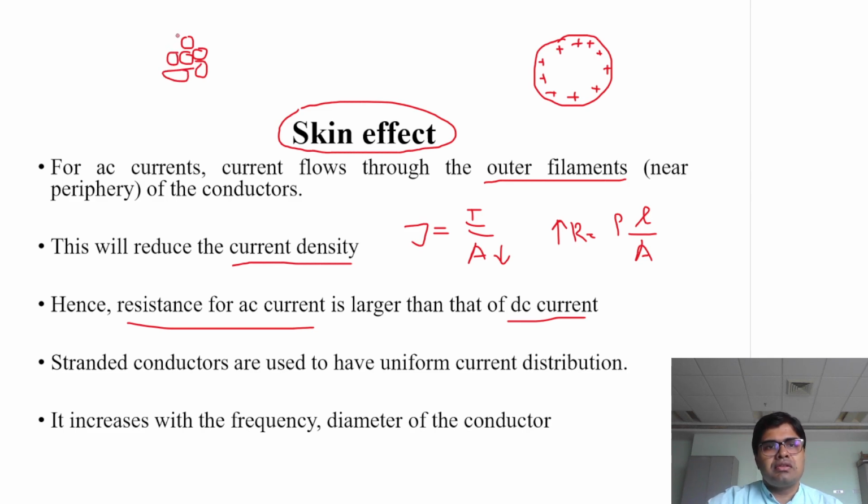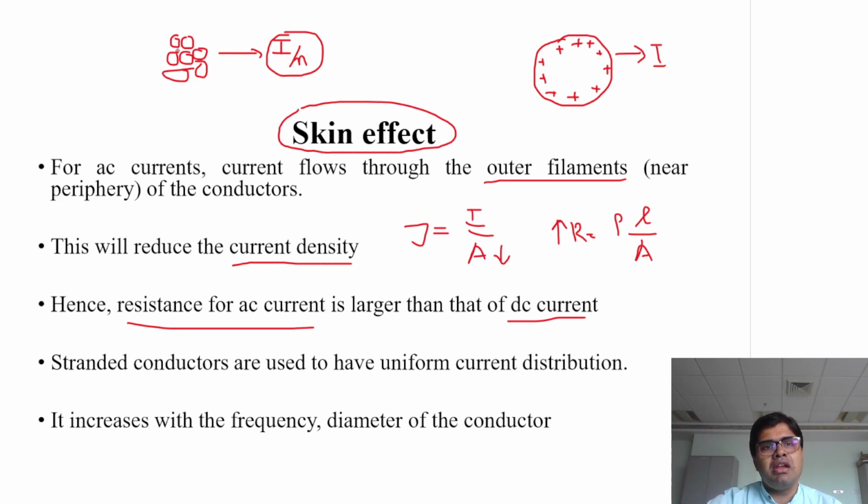So each strand, pardon my drawing, suppose this is current carrying capacity I. If the current carrying capacity is I for the stranded conductor also, and if there are n number of strands, each strand is conducting current I by N. So still this much amount of current is flowing through the periphery of each conductor, but this time the current has been uniformly distributed.